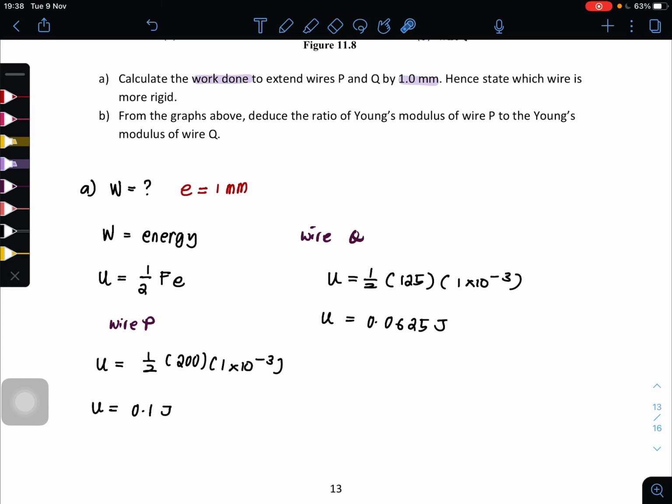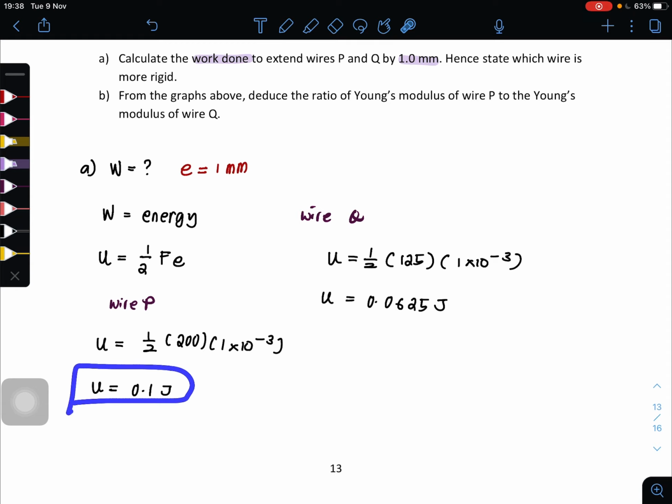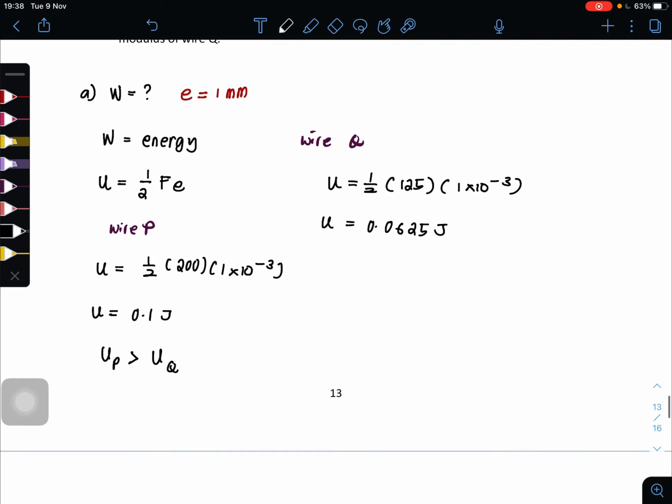And then soalan tanya which wire is more rigid. Kita boleh compare in terms of energy here. So, the energy stored for the wire P is larger than the energy stored for the wire Q. So from here we can conclude that wire P is more rigid.